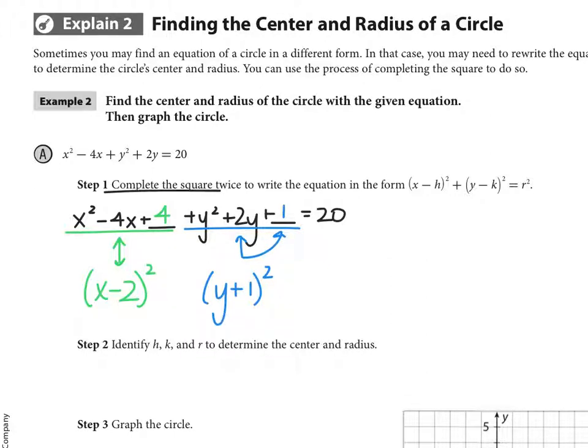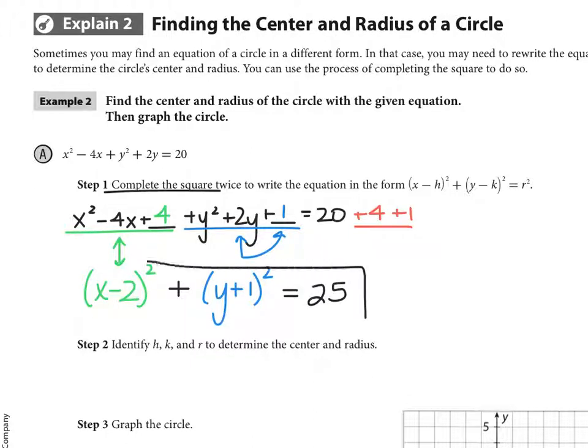Now, notice that I've added a 4 and a 1 on the left side of the equation. I can't just add those in there because I want to, so I have to add +4 and +1 on the right side of the equation. What you do to one side, you have to do to the other. So that's going to make our final equation (x - 2)² + (y + 1)² = 20 + 4 + 1, which is 25.